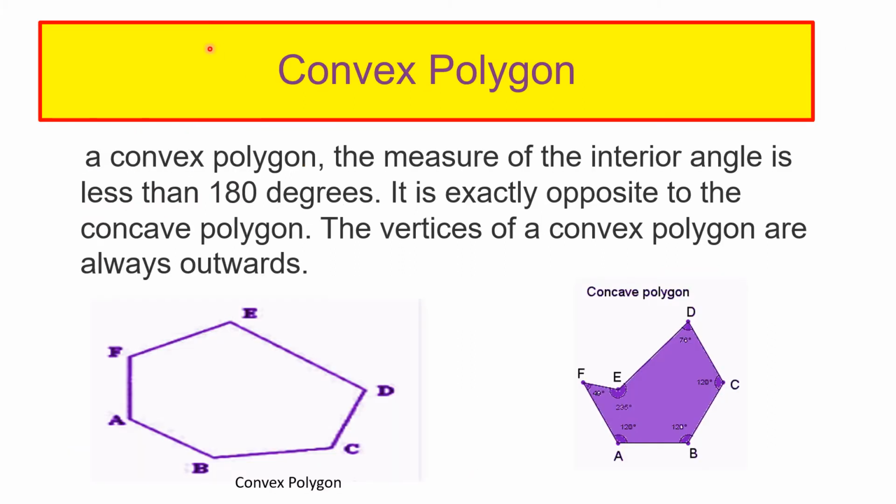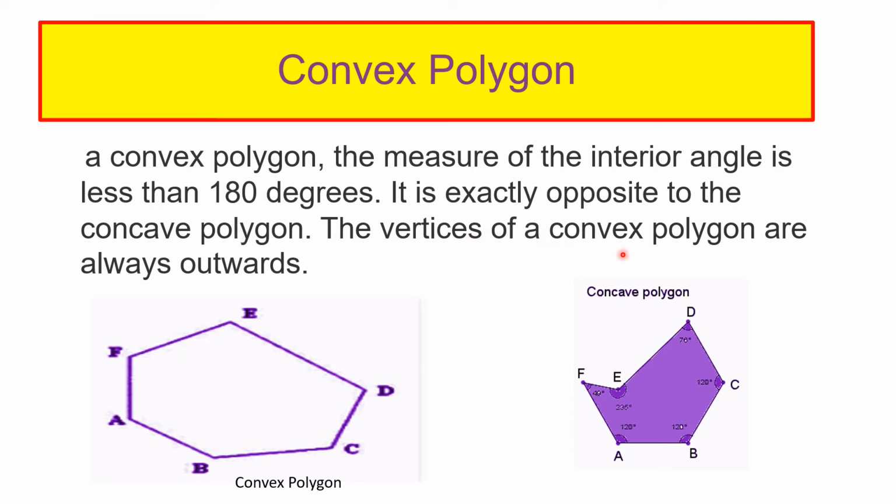So we have a convex polygon. In a convex polygon, the measure of each interior angle is less than 180 degrees. It is exactly opposite to the concave polygon. In other books, instead of using concave, they are using non-convex polygon.